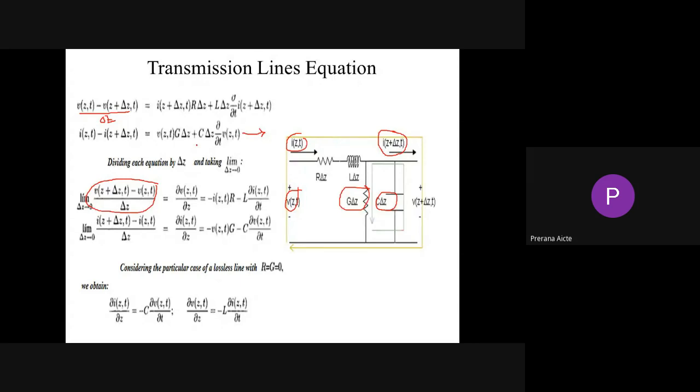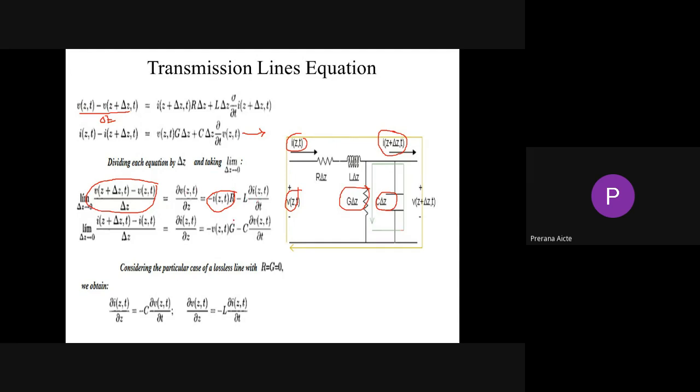Now, while considering these particular cases, if the transmission line is lossless, then R is equal to 0. Therefore, in the first equation this term is equal to 0, so only dou V by dou Z is equal to minus L into this one.